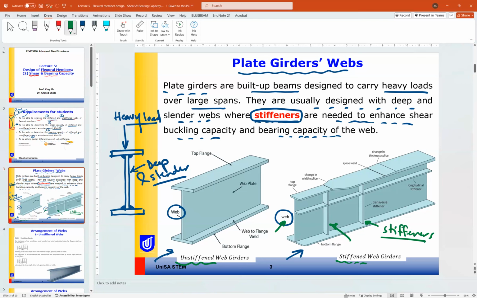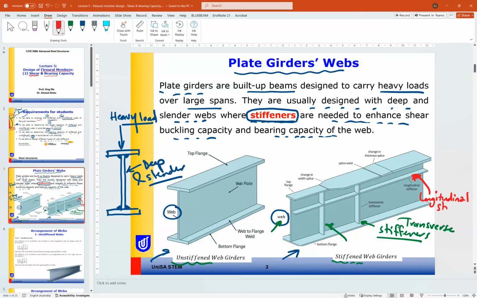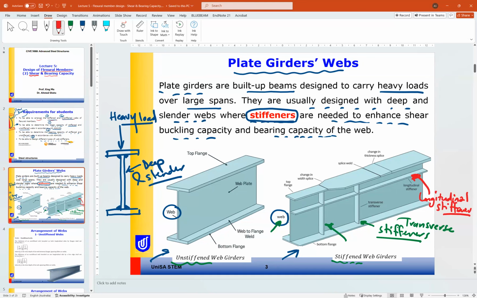The first one is transverse stiffeners, which are vertical, as you can see, if this is the web. And we have another type, which is longitudinal, because it is running longitudinally with the web.